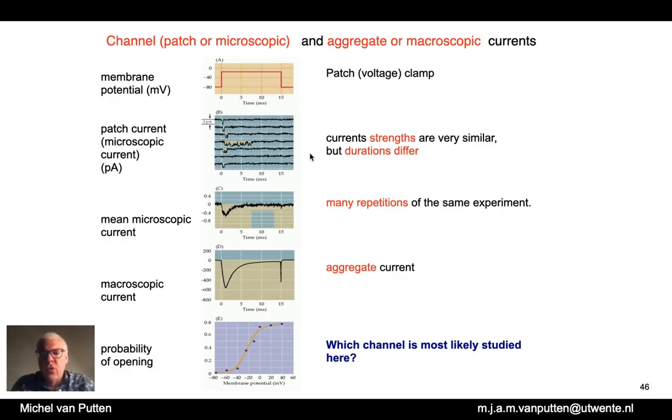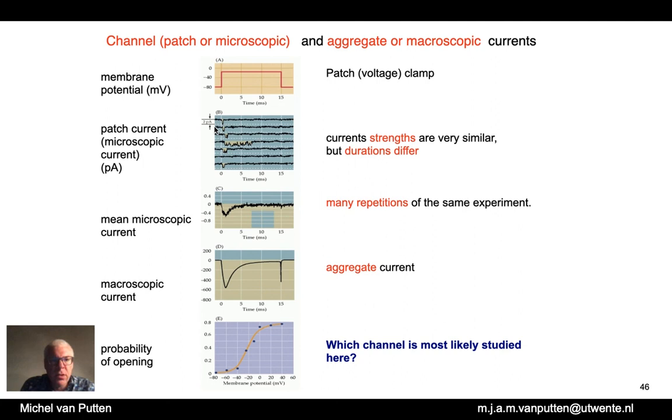So in fact, to come back to our discussion of the persistent and the transient channels, if we would do a voltage clamp experiment and at the same time we would measure with our patch electrode, with our glass electrode, the currents, then for this particular experiment, it is shown that during this voltage clamp, in this experiment, the channel opens and it closes, and the opening time is relatively short.